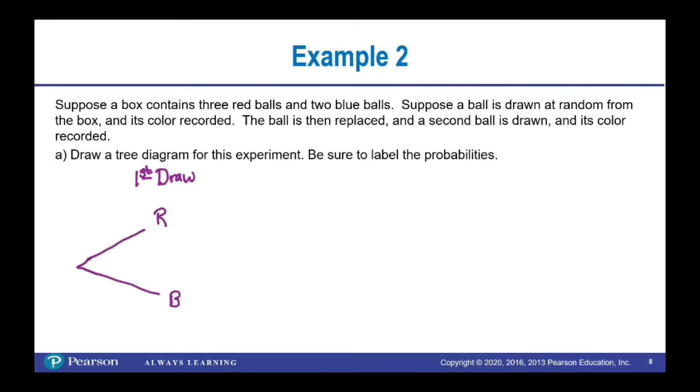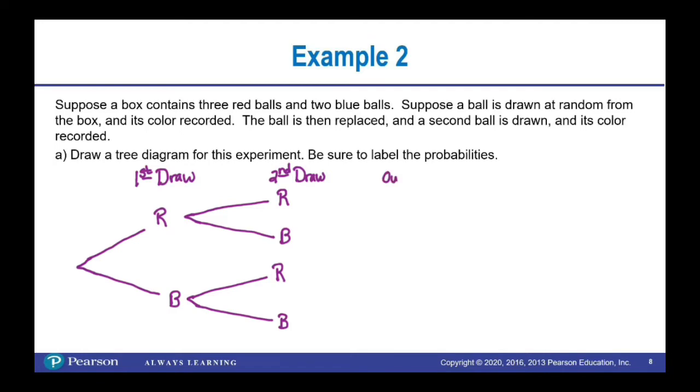Now let's think about the second draw. If I draw a red the first time, I could draw a red the second time, or I might draw a blue the second time. The same thing happens if I draw a blue on the first draw. I might draw a red or I might draw a blue. So follow your tree to list the possible outcomes. We'd have a red and a red, and a blue and a red, or maybe 2 blues.